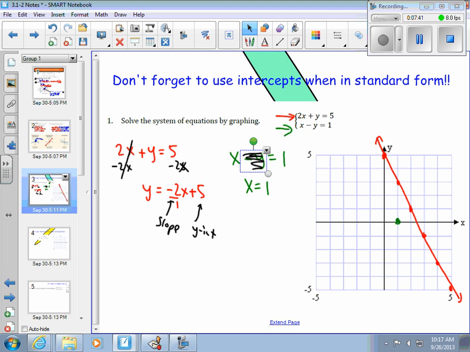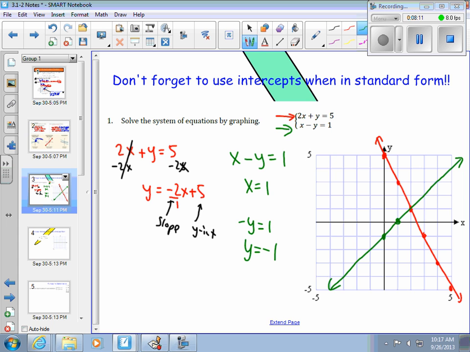Now instead, if we cover up the x, we get negative y equals 1. Dividing by negative 1 results in y equals negative 1. So the cover-up method can also be used when you're doing these. So y equals negative 1 is the point right here. Connect those, and we have this as our other line.